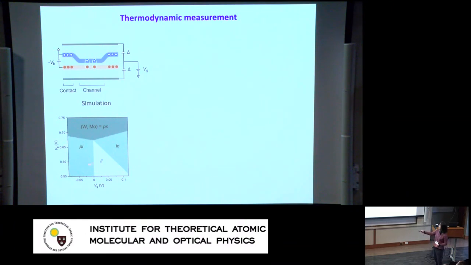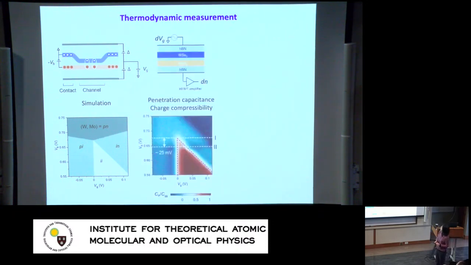For small bias, in the middle, both layers are insulating, and then if you shift the gate this way or that way, you dope one of the layers. And only if you increase the bias large enough, then you get electron and hole in the double layer. So this is a simulation without considering electron hole binding.